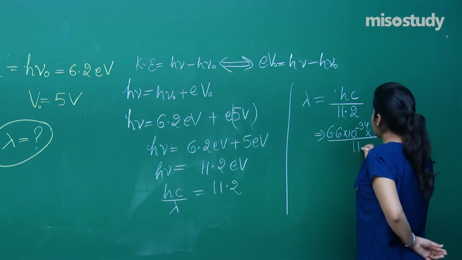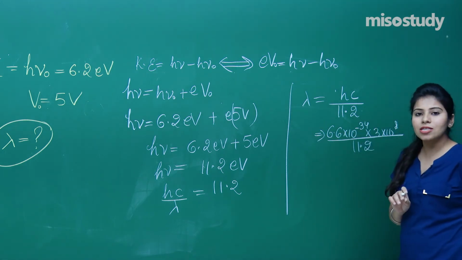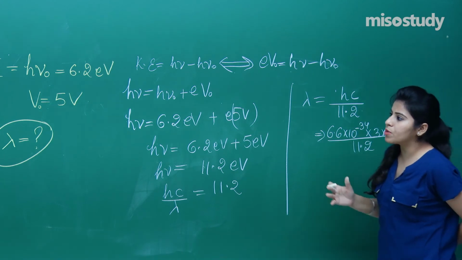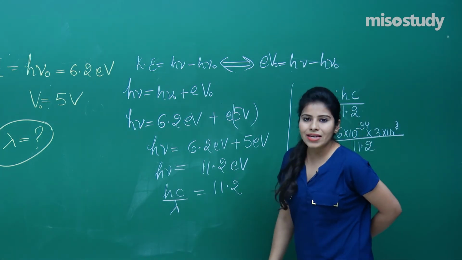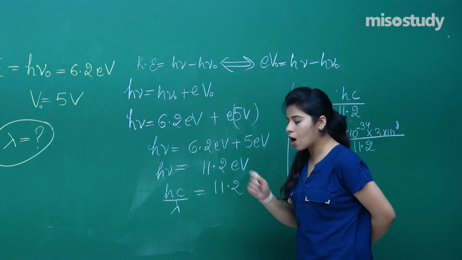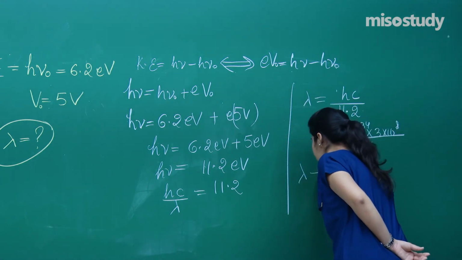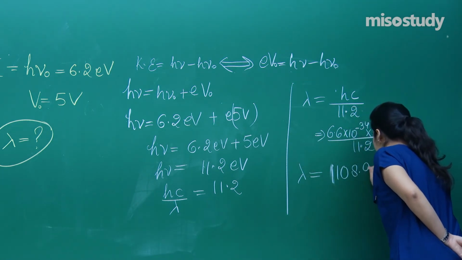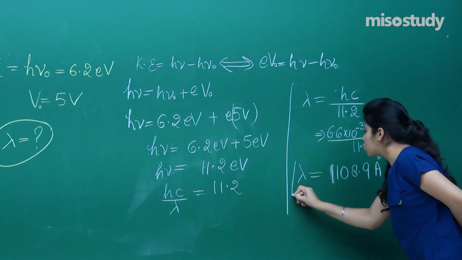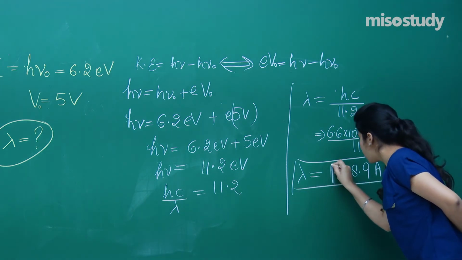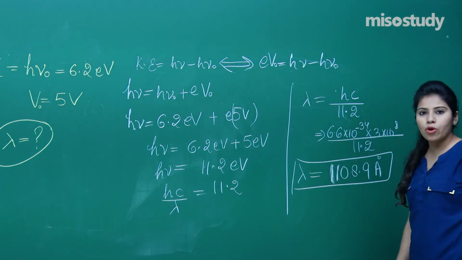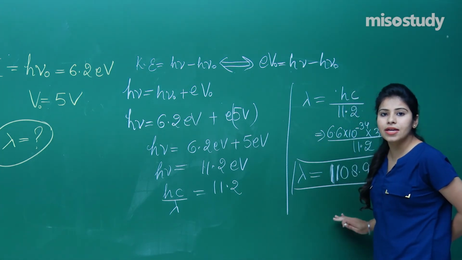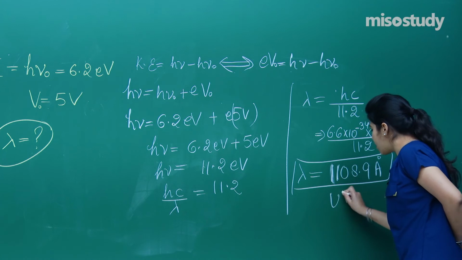Let me see in the question whether the value of hc has been given. No, I cannot see any such term here. So if you solve it, you will see that this wavelength has come out to be 1108.9, and you can see that this lies in the UV region.